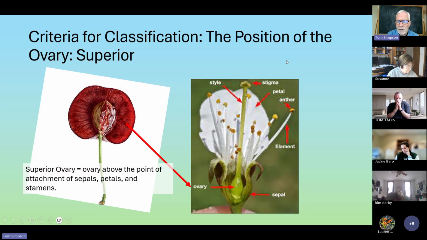And superior doesn't mean good, and inferior doesn't mean bad. Superior means high, and inferior in this case means low. Lake Superior is the highest of the Great Lakes. That's why we called it Lake Superior.